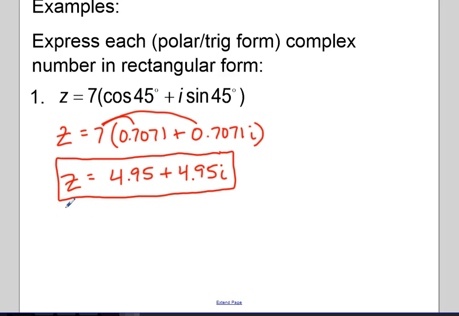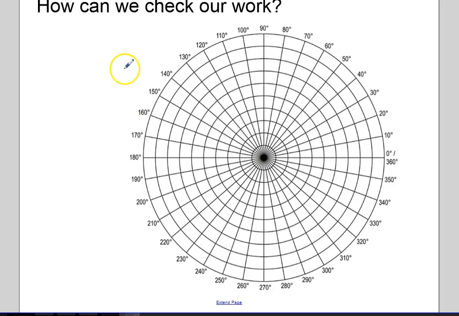As a matter of fact, let's check this one now, just to get a sense of it. So if we have a radius of 7, angle of 45 degrees, let's see where that would be on our polar plane. How can we check our work? Well, if I'm going out to 45 degrees on a radius of 7, so 10, 9, 8, 7, I'm going to split the difference right there. So I have a point that's, oops, I'm in the right place, 45 degrees. Let's get rid of that other point.